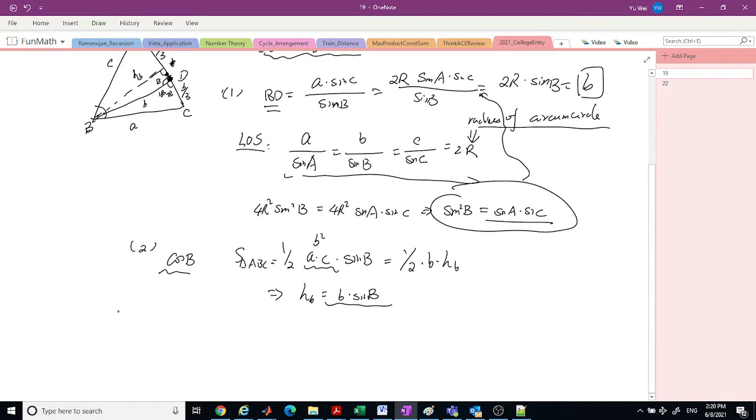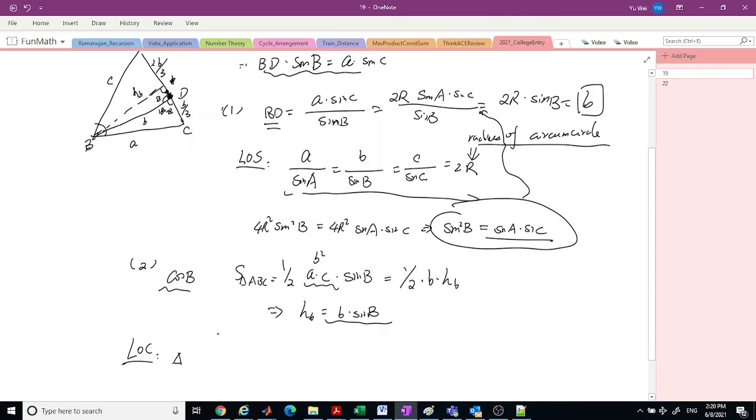So now let's apply the law of cosine on triangle ABD.